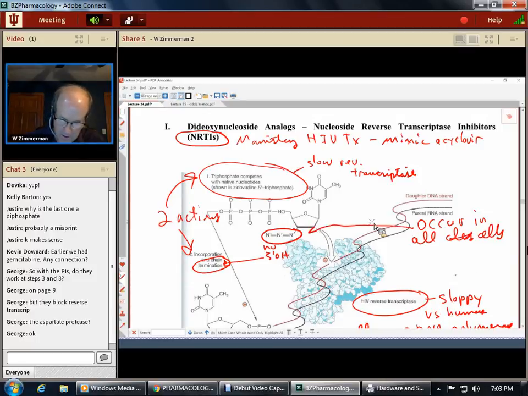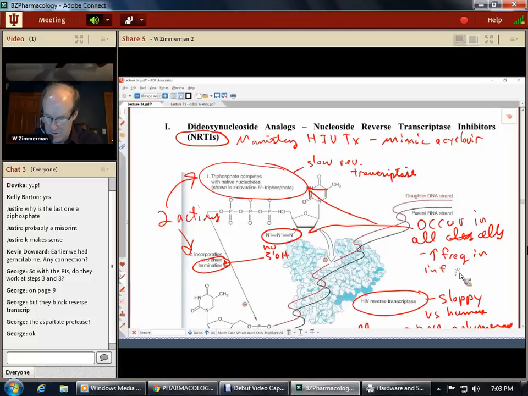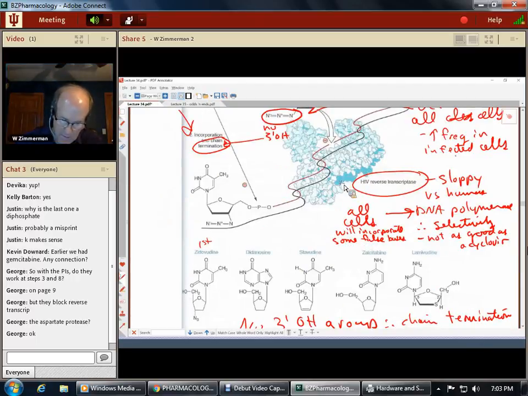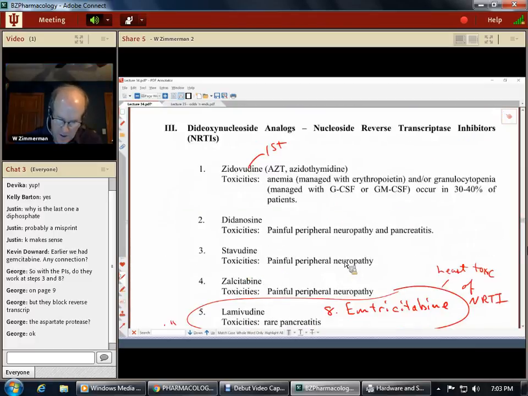Whether we're looking here or up here, that occurs in all cells. But it's got a higher frequency in the infected cells due to that sloppy transcriptase. An important point. I wasn't clear about it. I want to make sure I was. Okay.